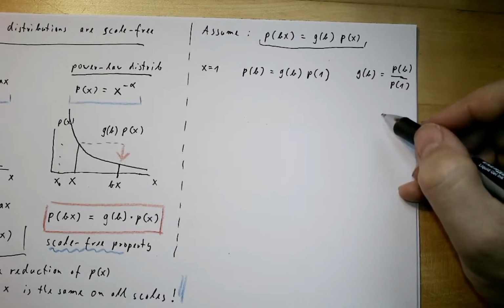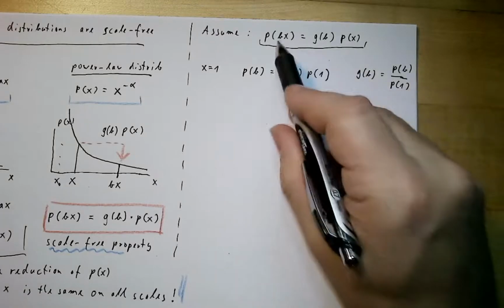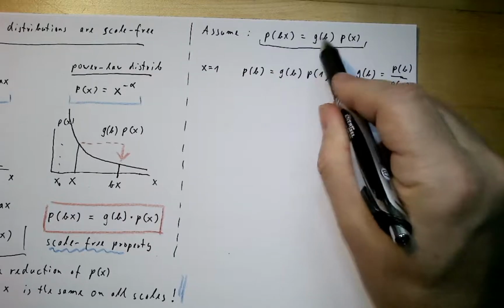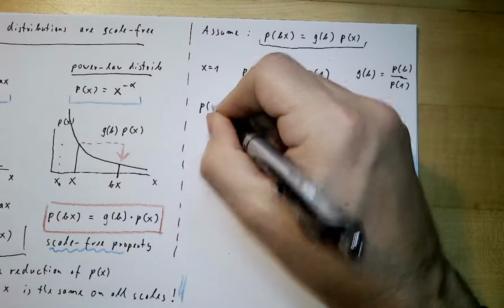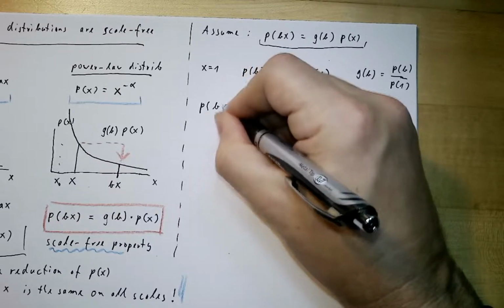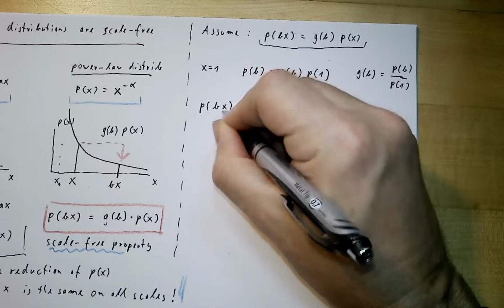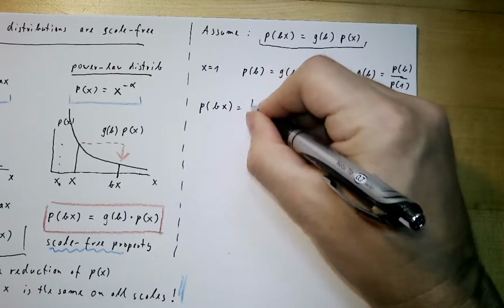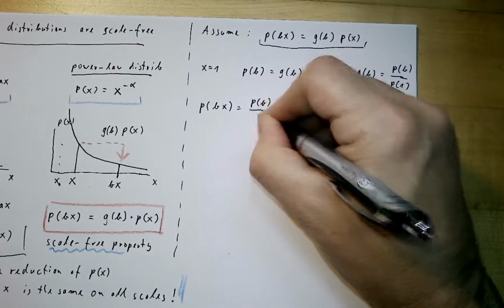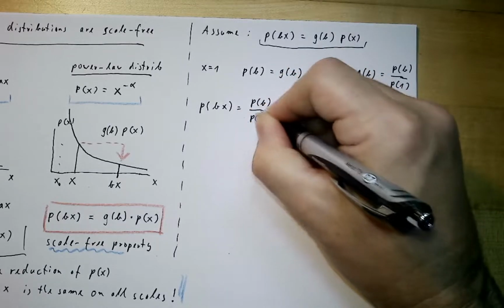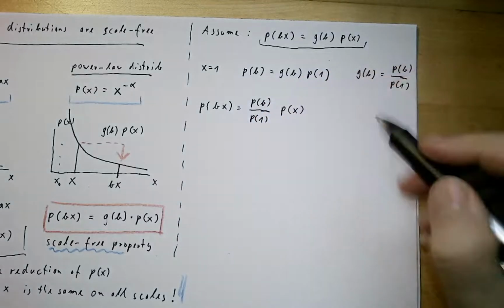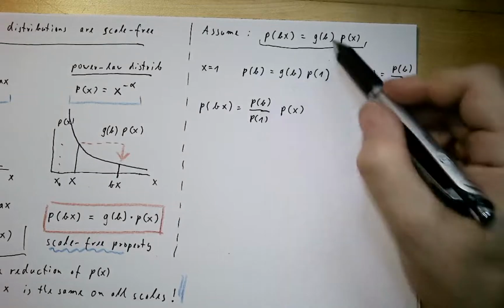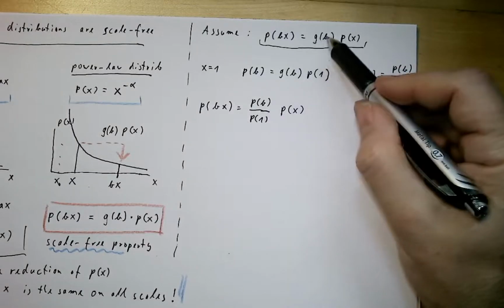Okay. And now we can plug this in here. So we have our distribution at the scaled variable, p of b times x, equals p of b divided by p of 1 times p of x. Yeah? And so what we did at the moment, we just calculated this function g of b here.